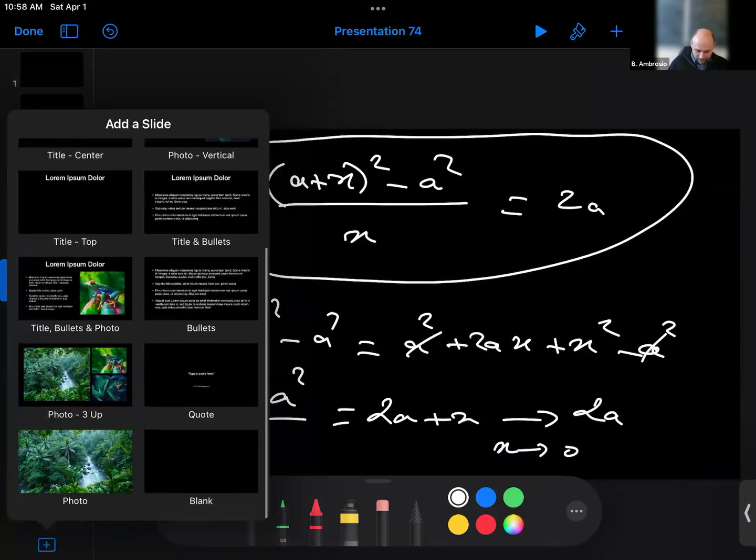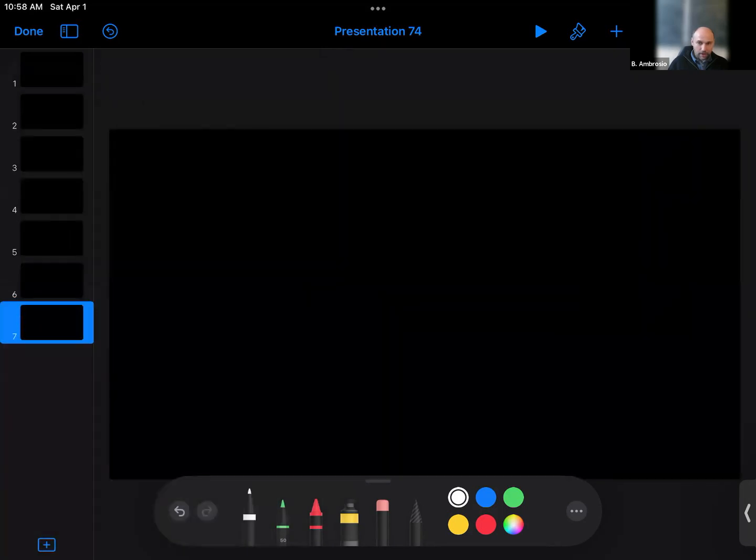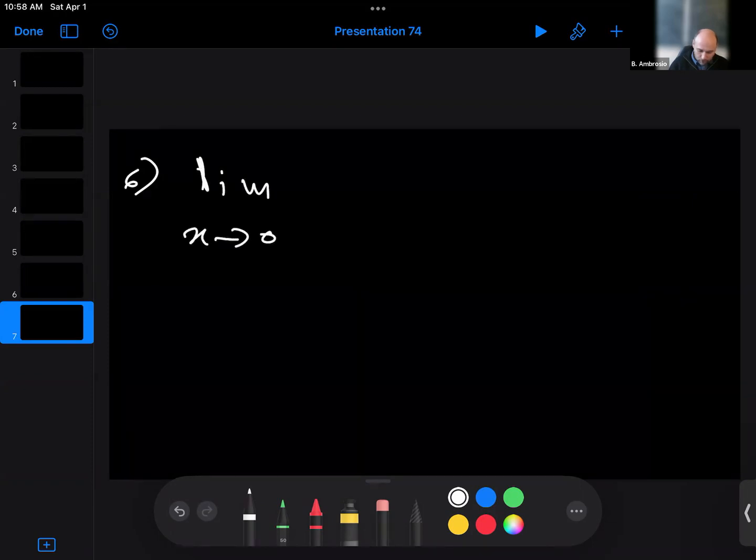So the last limit, and this one is really tricky. Let's look at the limit as x goes to 0 by positive values of sine of 1 divided by x.